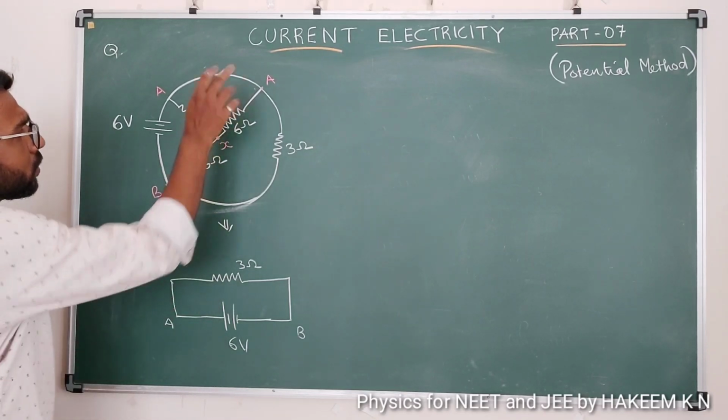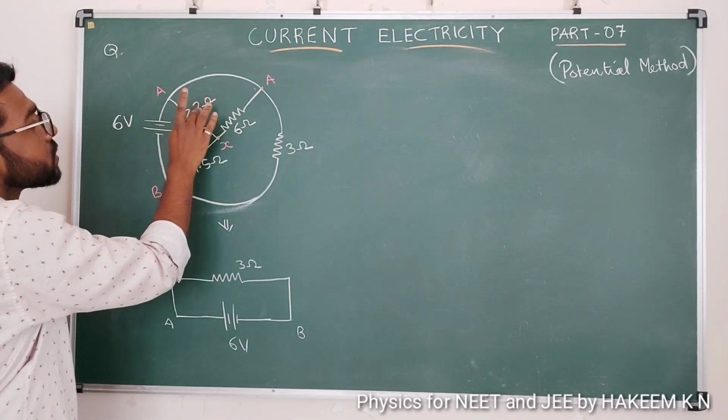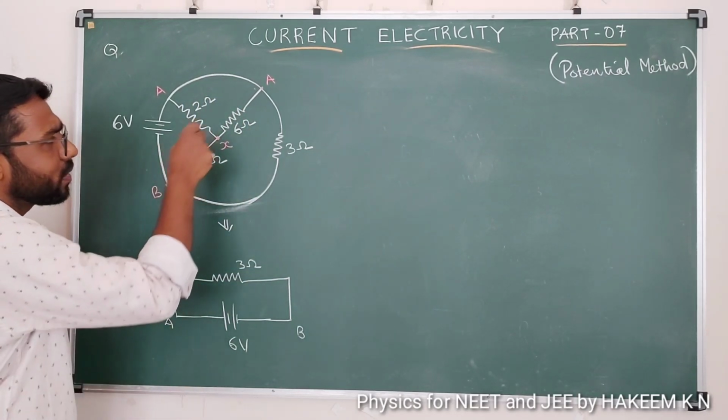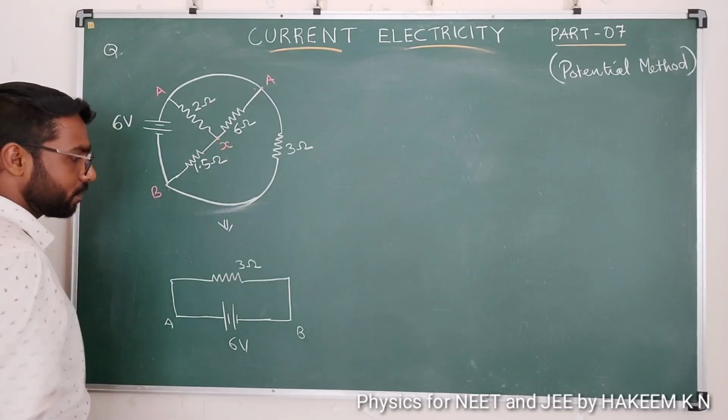Now there are 3 other resistances, 2 ohm, 6 ohm, 1.5 ohm, and there is a common point X at the middle.